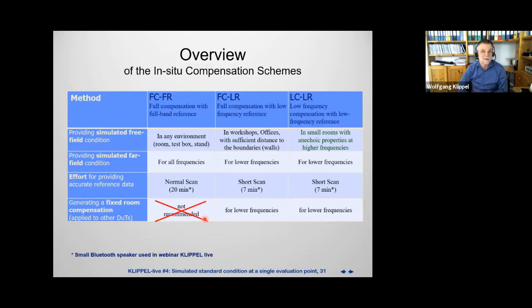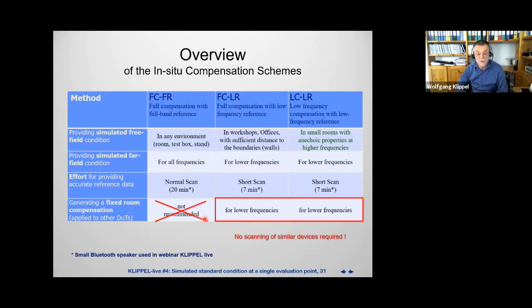You always get a very special, very complex compensation function. It makes no sense to average that and apply it to other speakers. But it works for the other two techniques, for lower frequencies.